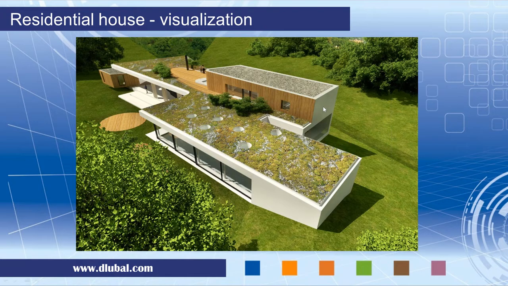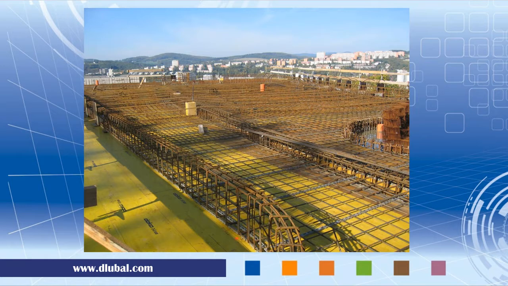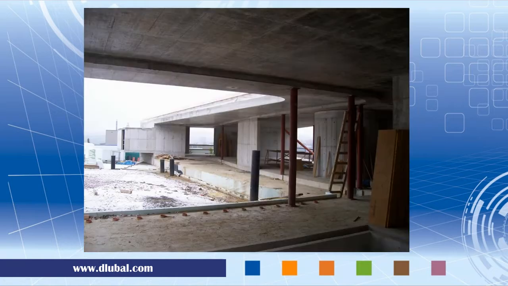And I was involved in the analysis and design of this post-tensioned slab, which was part of the floor of the roof of this house. You can see now the tendons designed in the slab, and we can also see the final structure which was cast.